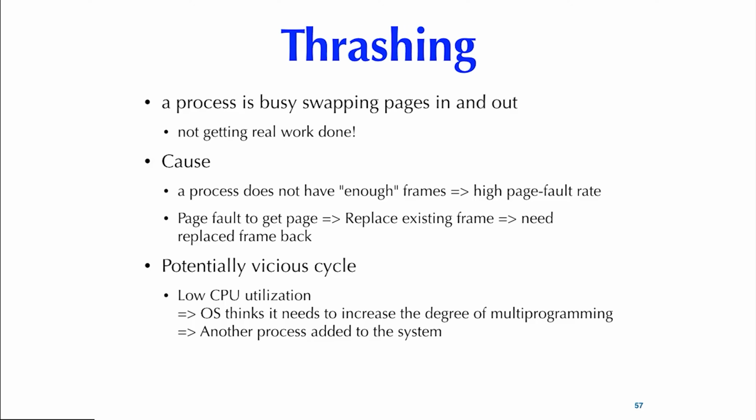Now this is related to thrashing, and I mentioned thrashing last time as well. So what's thrashing? Thrashing is a state in which a process is busy doing nothing but swapping pages. Why would that happen? Well, when it doesn't have enough frames, right?